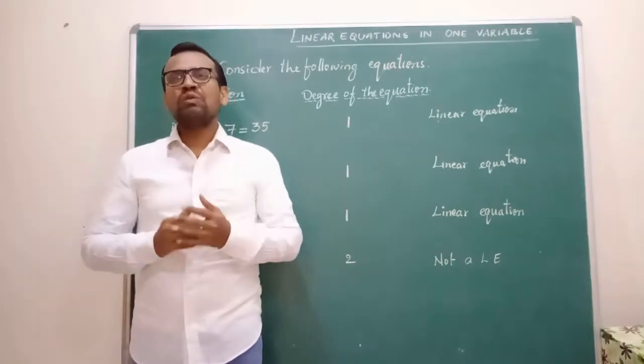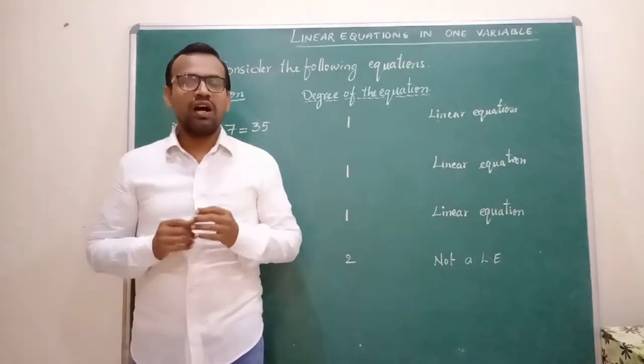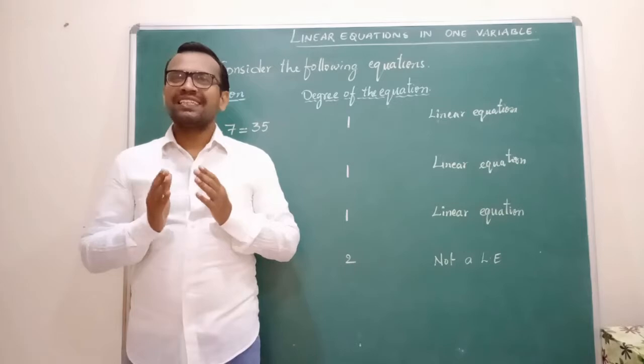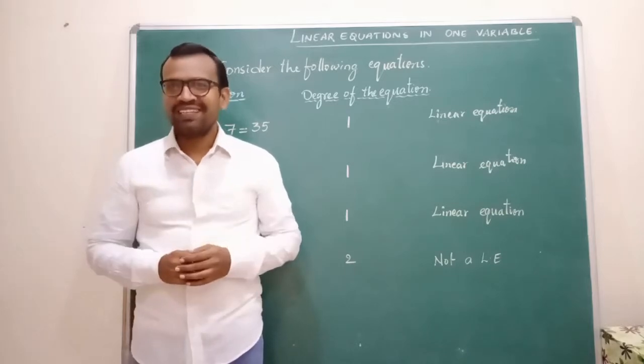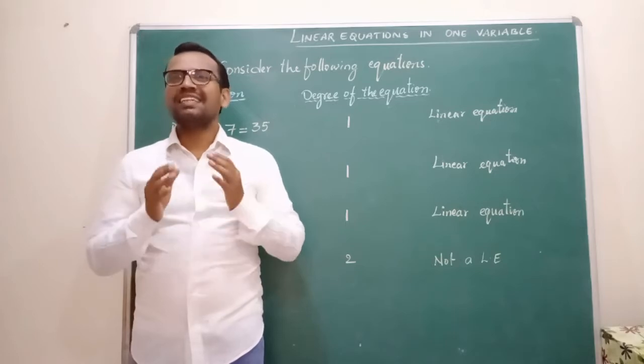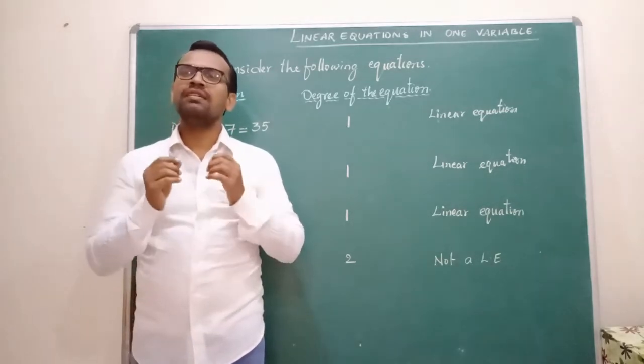Thus, an equation of the form ax is equal to b or ax plus b is equal to 0, where a, b are constants and a is not equal to 0, is called a linear equation in one variable or a simple equation.